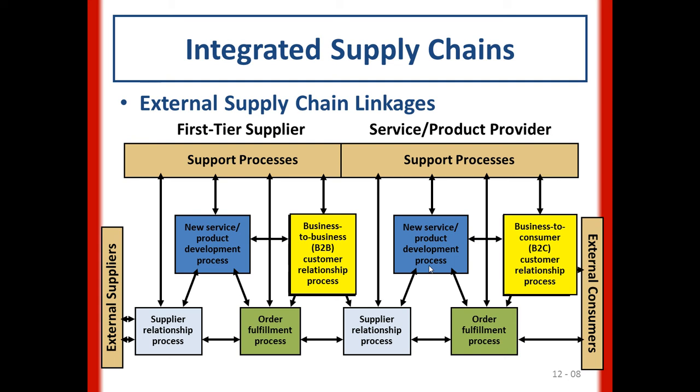So the core processes should also connect with each other beyond the internal firm boundary. The organization also needs support processes to make sure that the 4 core processes communicate effectively, or seamlessly.